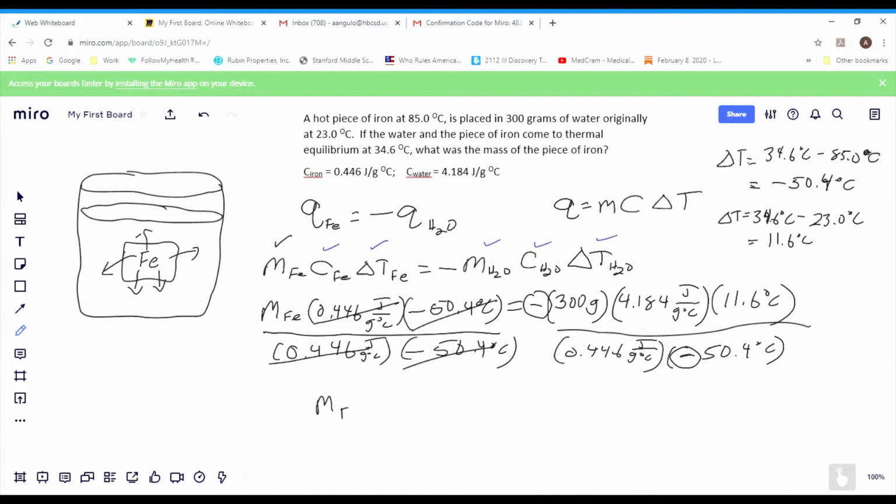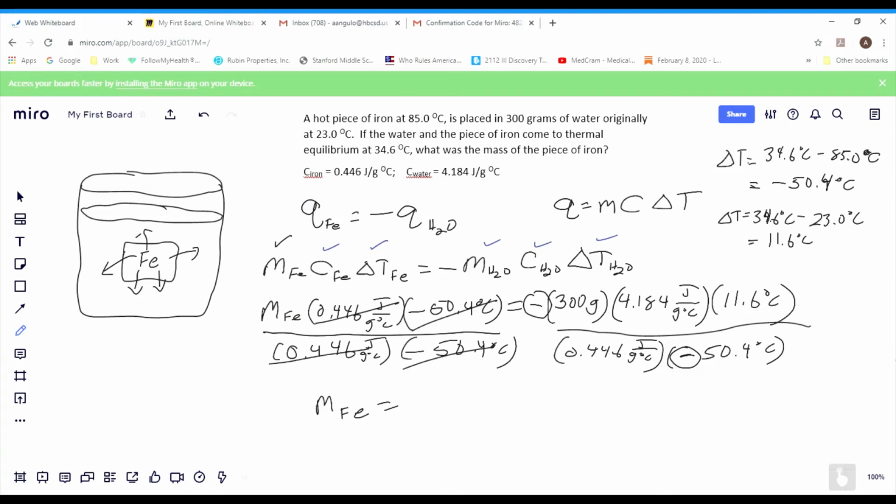So the mass of your iron is going to equal 300 times 4.184 times 11.6 divided by 0.446 and divided also by negative 50.4. We also have to take that negative, and the negatives cancel.